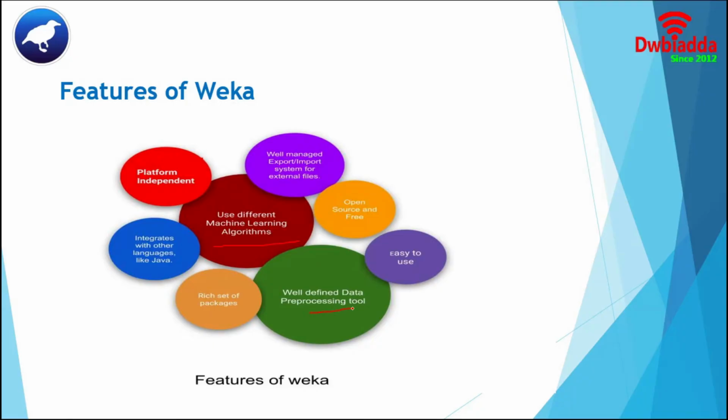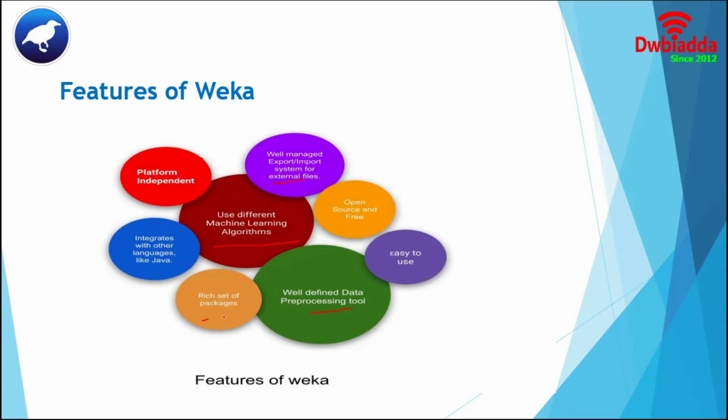We can format our dataset, handle missing values, and split data into training and test sets very easily using Weka. Weka has a well-managed export-import system for external files. The basic supported file format is ARFF files. Weka can also read CSV, Excel, JSON and many other files.